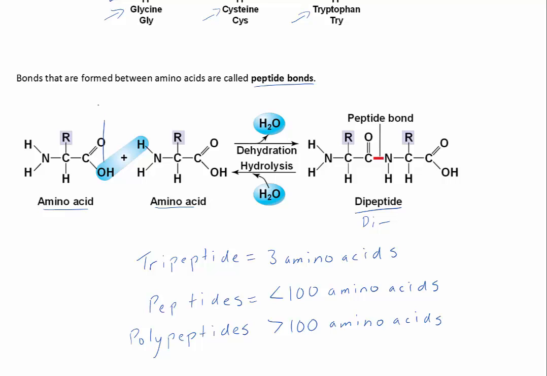You end up with a hydroxyl group from one of the amino acids and a hydrogen, which in the process of forming the new bond are given off as a water molecule, resulting in a new bond between the two amino acids forming your dipeptide. And the reverse reaction is, of course, hydrolysis, where you have to add water back into that reaction to break the bond and form two amino acids again.